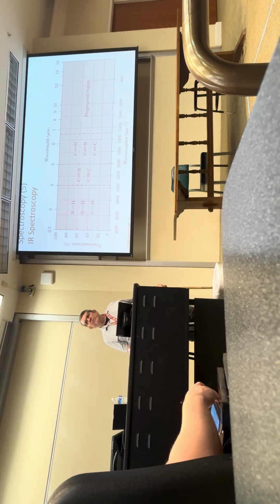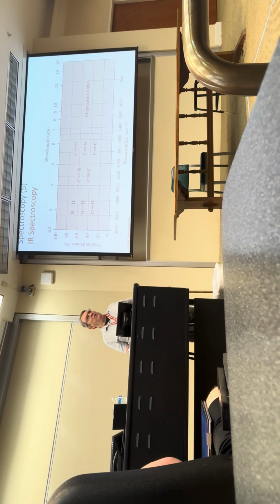So there's a lot more information you can get from this, but I really just want you to kind of dabble in this a little bit. I want you to understand the value of this in terms of being able to choose between samples with perhaps similar properties, but slightly different functional groups.